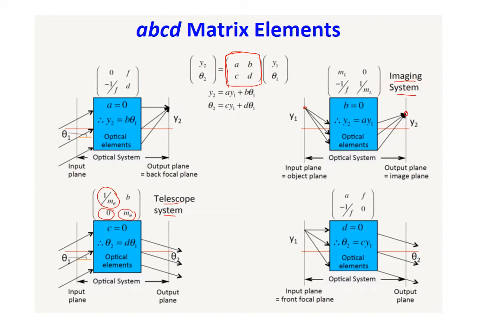Alternatively, you might have an unknown in the system. You might know that you have an imaging system, but you don't know what C is like. You don't know what your focal length is. But then in that case, you have C is equal to minus 1 over the focal length, and so you can determine that to be minus 1 over C.